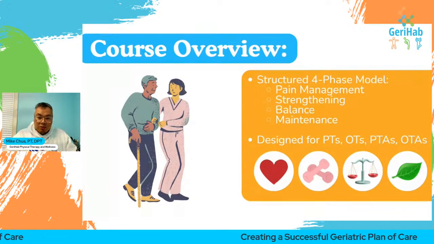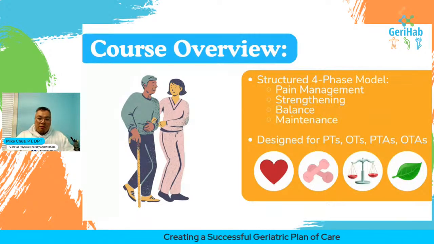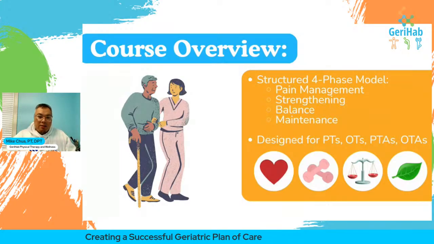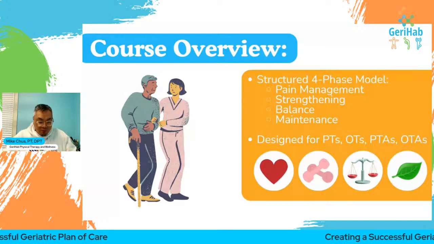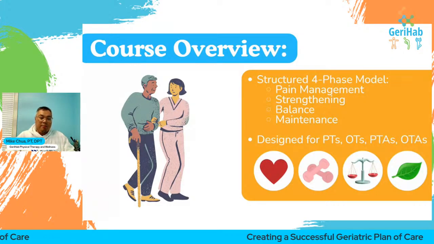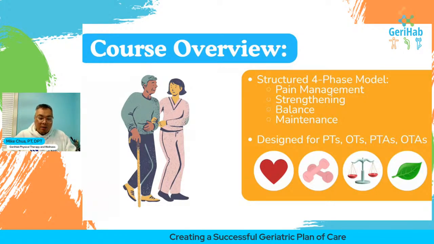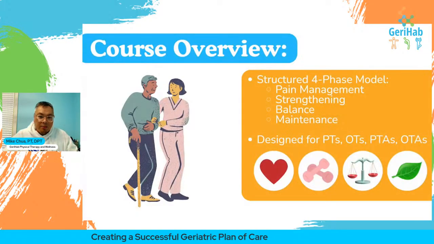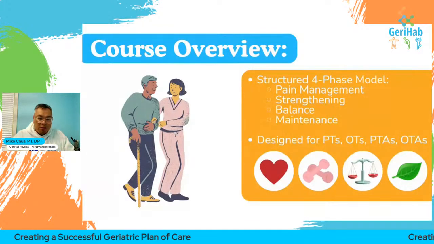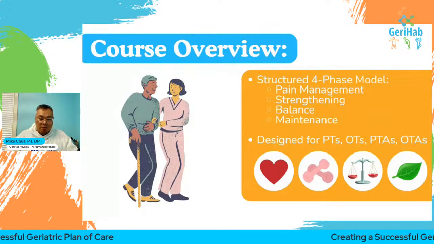So we created the structured four-phase model. First is the pain management phase. Second is the strengthening phase, third is the balance phase, and of course, fourth is the maintenance program or phase. So you can combine the pain management, the strengthening, and balance phases, and then of course you discharge that case and then create a maintenance program.